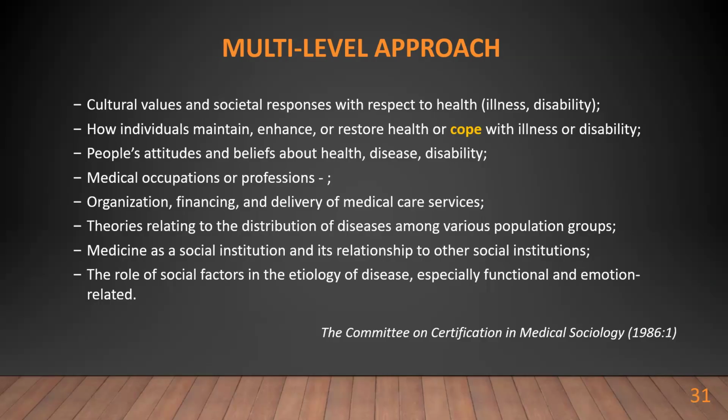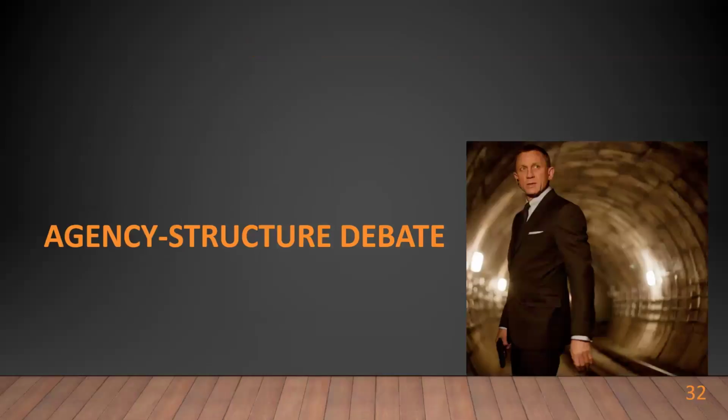How are they interrelated? Organization, financing, delivery of medical services, theories relating to the distribution of diseases among various population groups, medicine as a social institution and its relationship to other social institutions, the role of social factors in the etiology of disease, especially functional and emotional, and so on. A plethora of things to talk about.